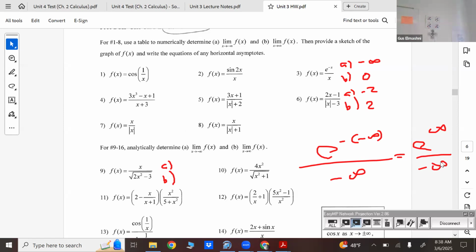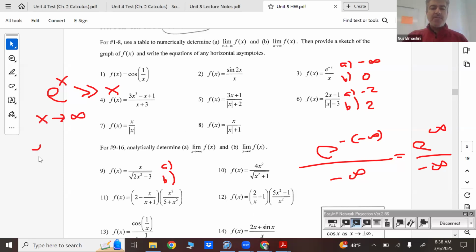Bottom's large too. But here's, and this is what we haven't really talked much about, but that's way more dominant than this. For example, e to the x is much greater than x. Sometimes you'll see a double greater sign, because it means it's really that much bigger than x. This is true as x approaches infinity.